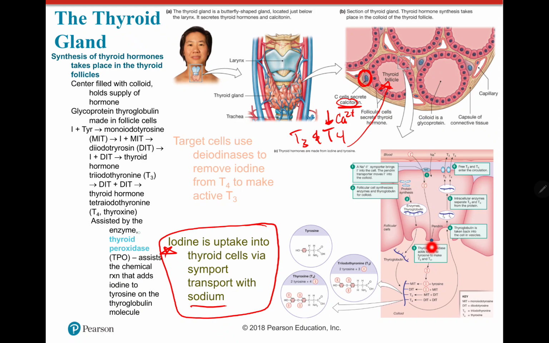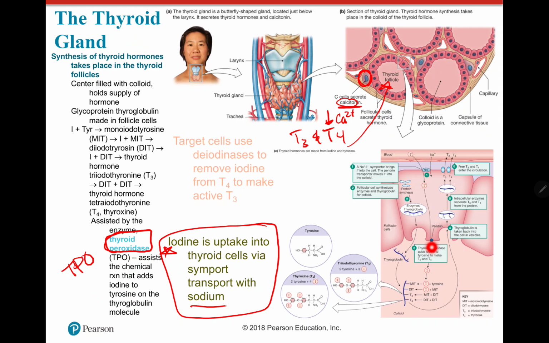But it's thyroid peroxidase, TPO, that is able to assist this chemical reaction of adding this iodine group to the tyrosine. So we go from iodide to iodine, and we're able to transport that iodine group to the T3, T4 molecules.